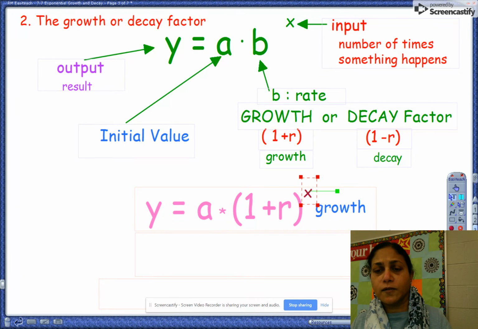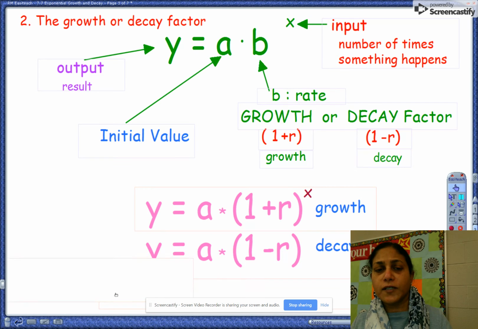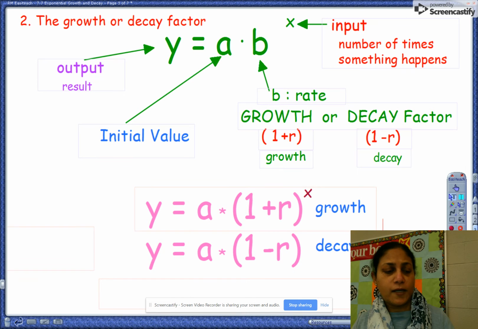X goes here. And if it's a decay, then it will be 1 minus r. And the x goes here.